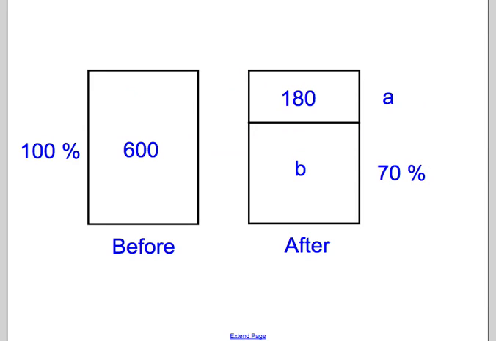Now, we're going to put into play a little bit of a diagram with this. Looking at this picture up here, on the left, we're representing a total. We're representing 100%, and the value of that is 600. So this is what takes place first. If we split this up into 2 different parts, and one part is 70%, how do we find A?